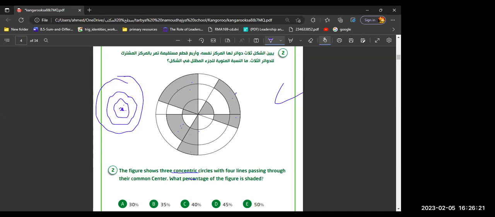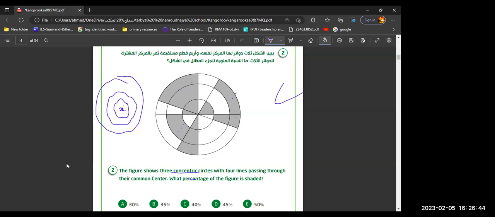All right. Can you explain why you picked 40? Because we have a circle, and the circle has 100%, then the shadow is 40% of the circle.